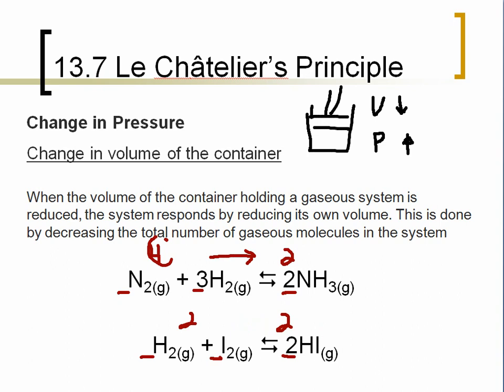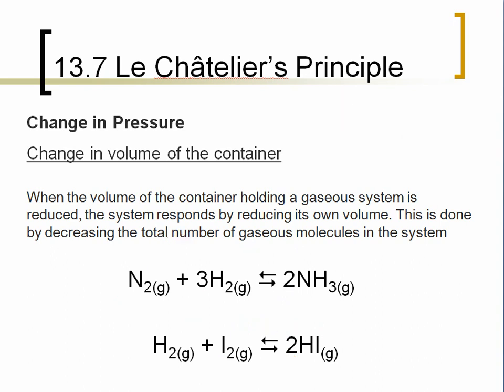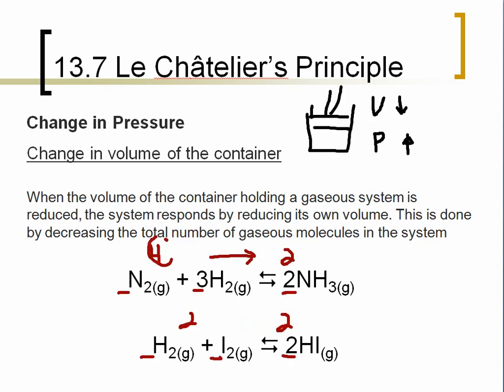If I take the opposite of this, I'm going to erase this. I'm increasing volume. So if I'm increasing volume, I'm lowering my pressure. And since I'm increasing volume, I'm giving them more space to move around, then the reaction equilibrium will shift to the one that has more molecules.